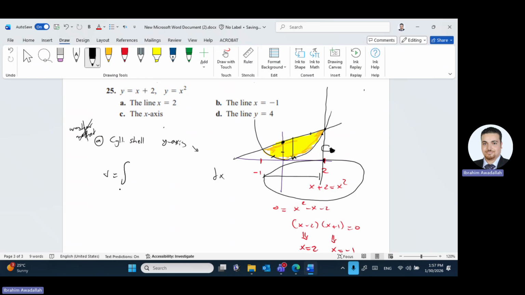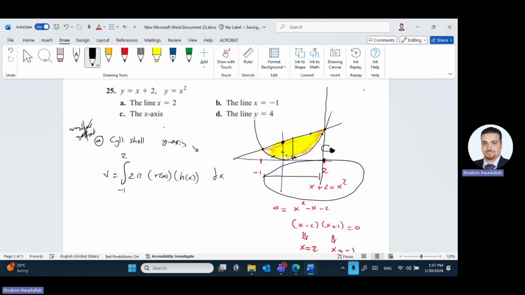My x is from -1 to 2, the start point and the end point, we found them here, by the way. And we say 2π times r of x, then h of x.